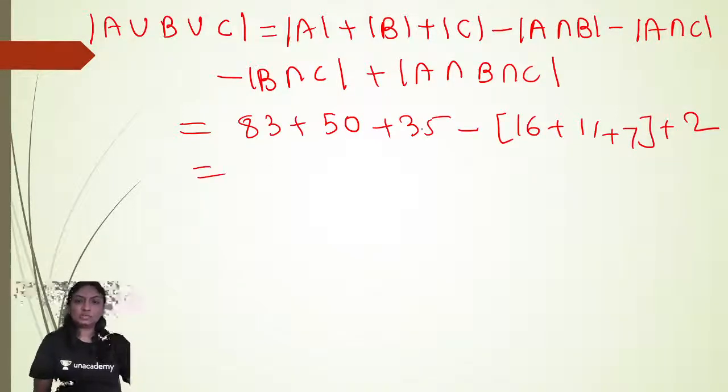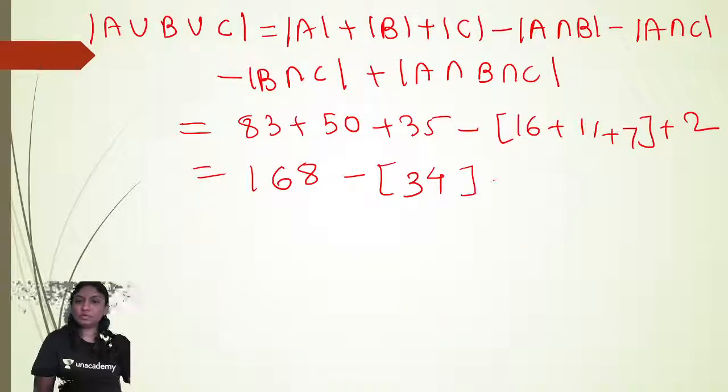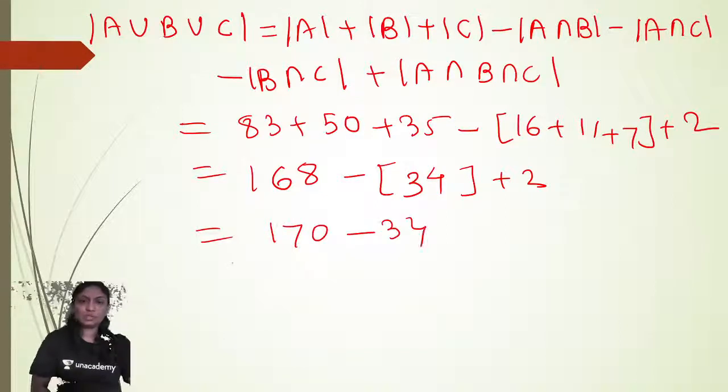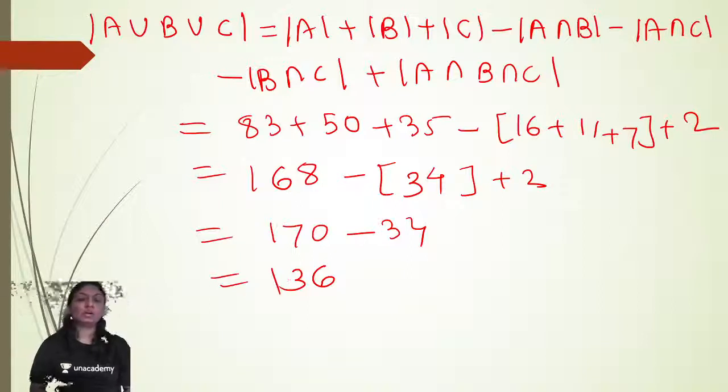This gives 168 minus 34, which is 136. So the total number of integers divisible by either 3 or 5 or 7 is 136. So what is the next question?